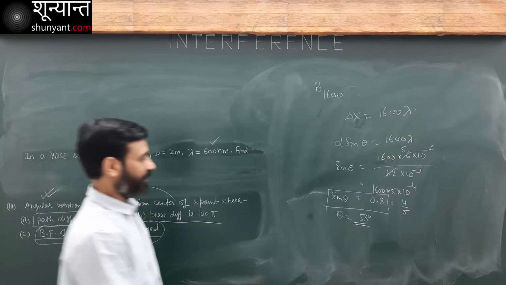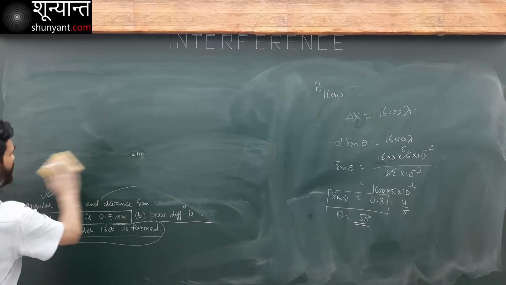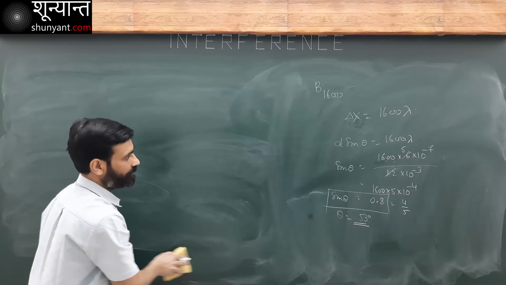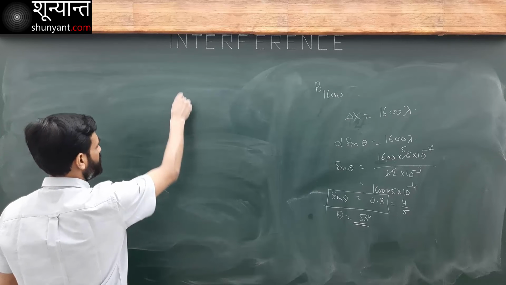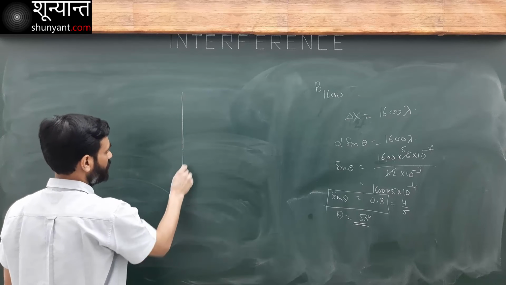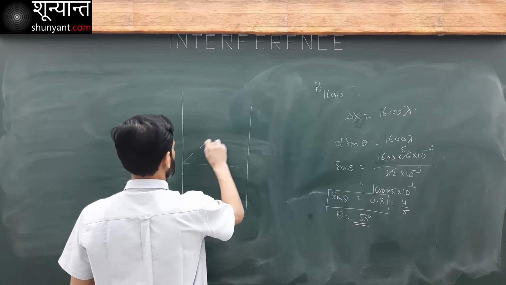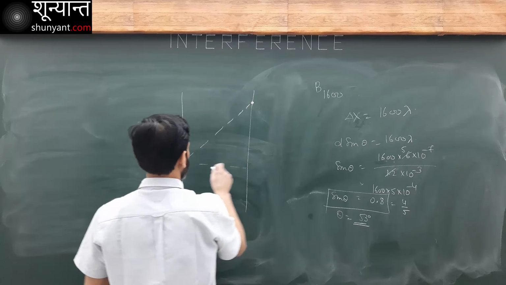Now what will be y? Distance from center. Okay, you know how to do it. This is 53 degree. This is the point.